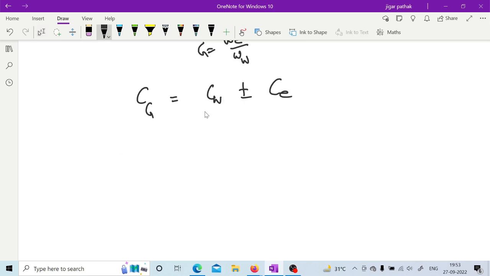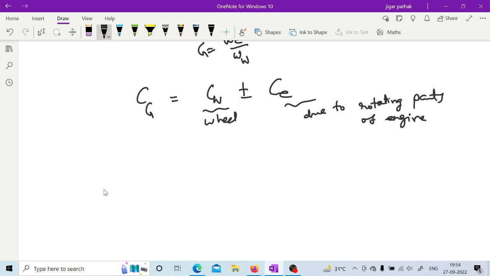Cw is due to that wheel and Ce is due to the rotating parts of the engine. Right, so this is how you have the final gyroscopic couple.